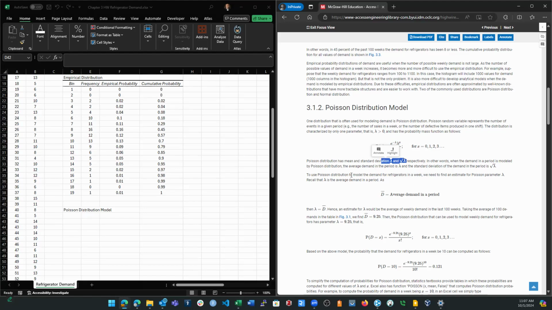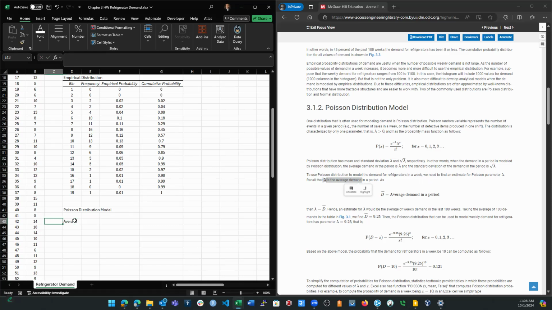To use the Poisson distribution to model the demand, first we find the estimate for the Poisson parameter. Recall that lambda is the average demand in a period. So let's look up the average here. What is our average demand?